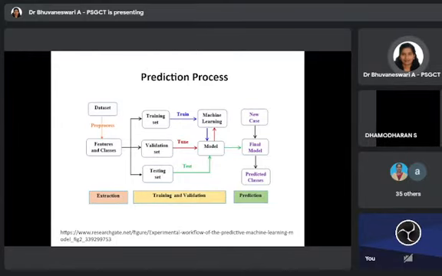Once the data is ready, you have to build a model. The model can be either a machine learning algorithm, a deep learning model, a reinforcement model, or a deep reinforcement model. Depending upon the problem, you first design the model, then you go on to the training set.